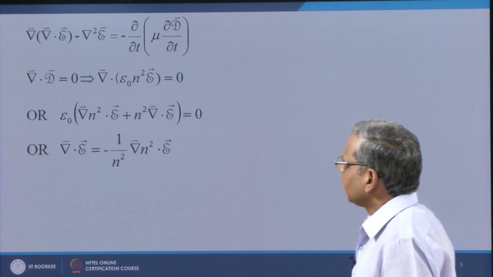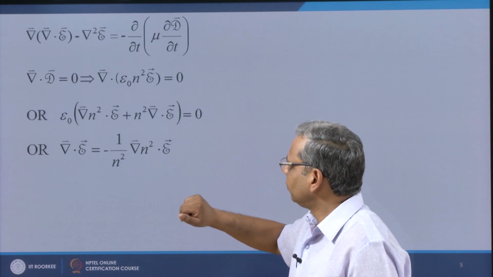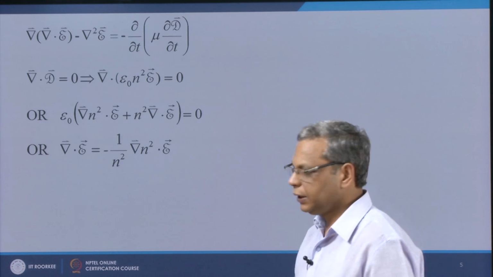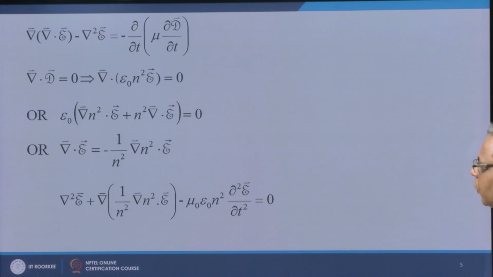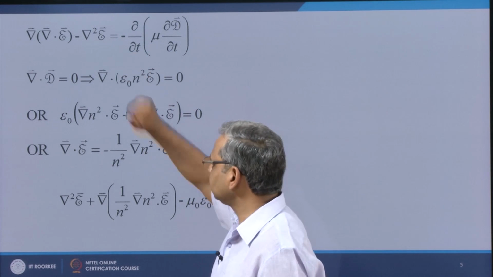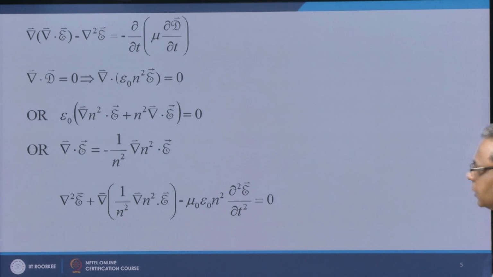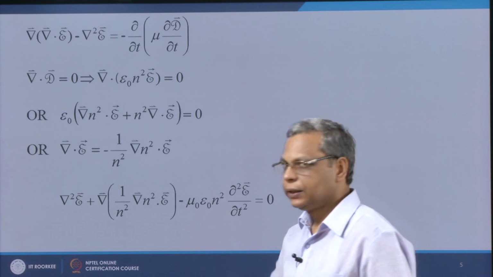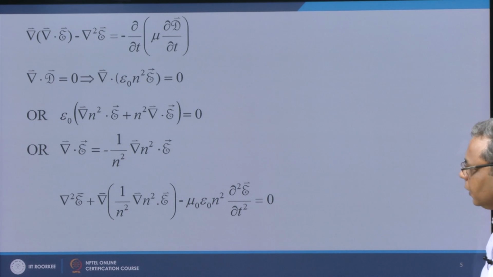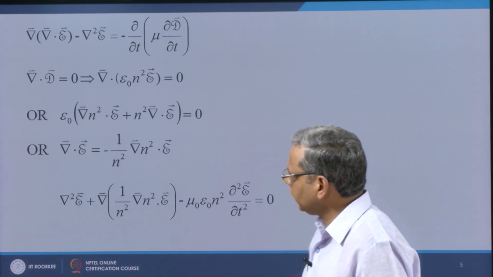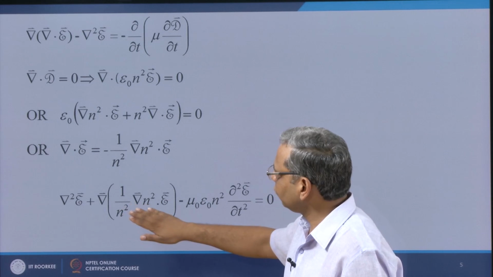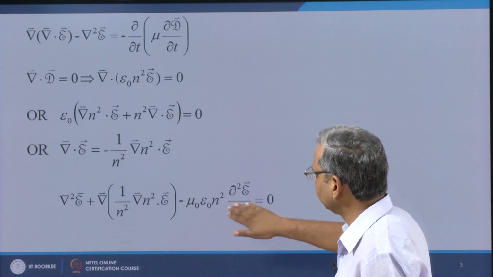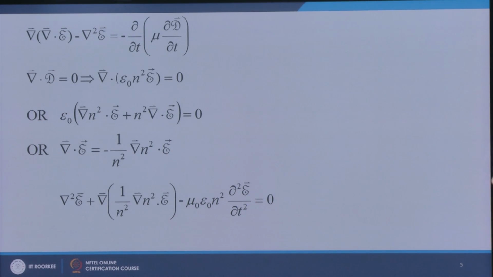This gives me del dot E is equal to minus gradient of n square over n square dot E. I put this back into this equation and rearrange the terms to get a wave equation in this particular form: del square E plus del of (1 over n square del n square dot E) minus mu naught epsilon naught n square del 2 E over del t square.